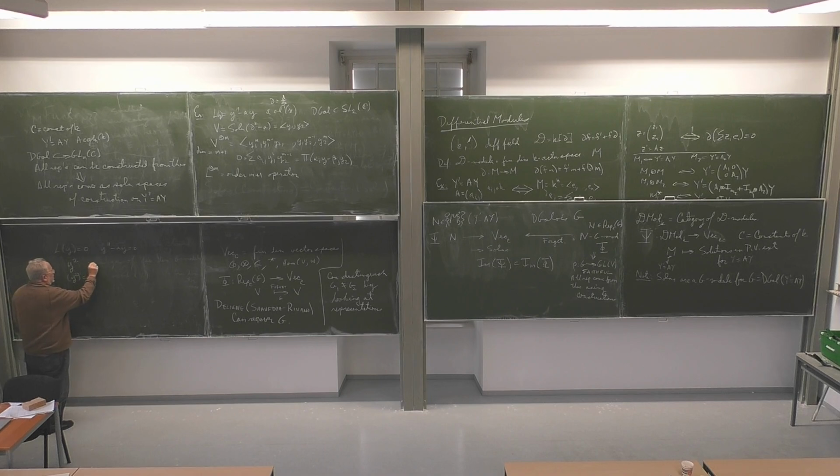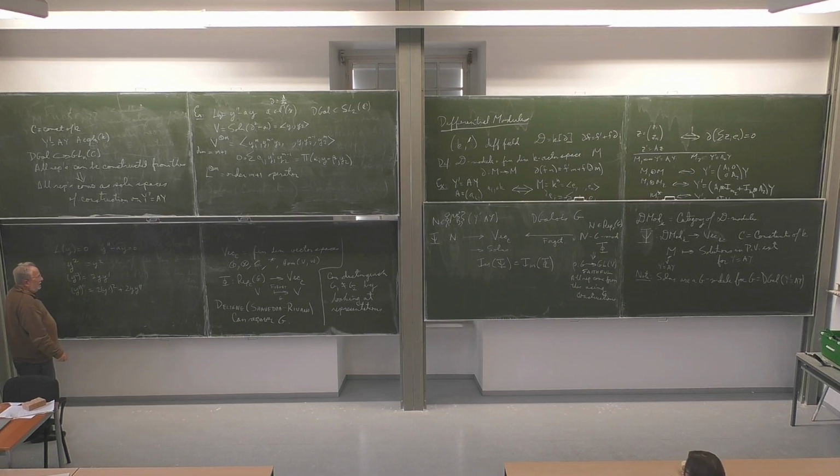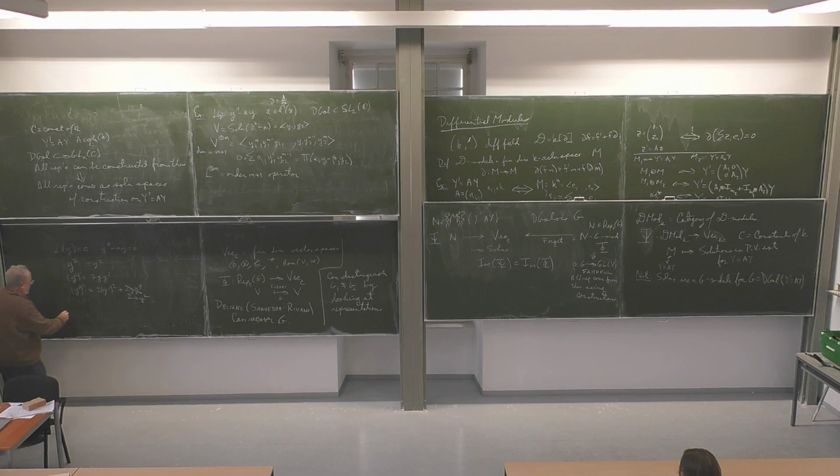This is 2y prime. I differentiate it again. This is 2y prime squared plus 2y double prime y. I'm going to write that as 2ay squared. And I differentiate it again.